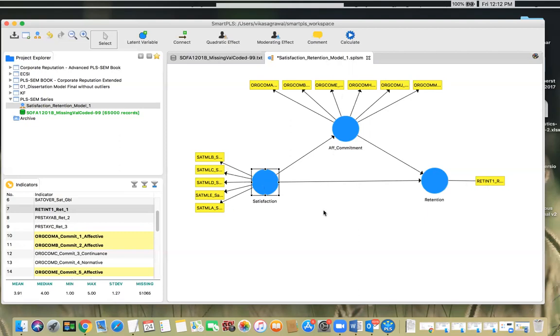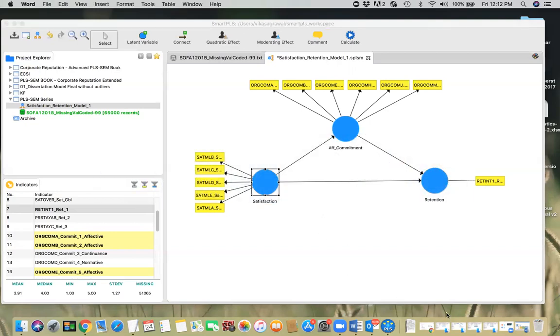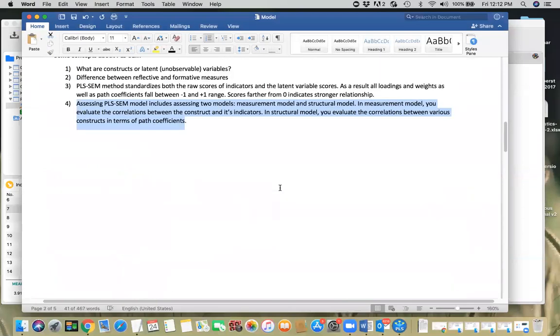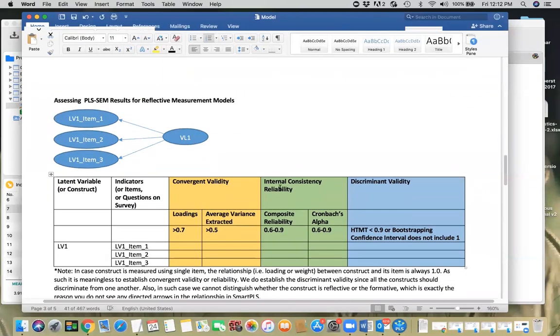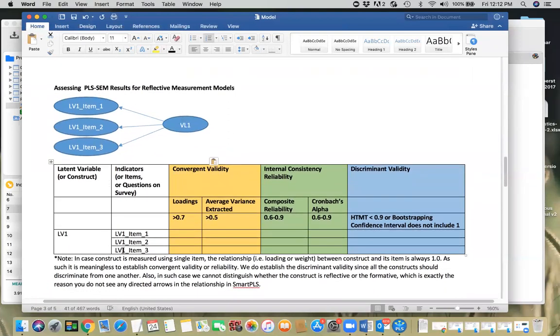So as indicated earlier, let's go back to the model here. Okay, so first thing we're going to talk about is the reflective measurement model. We have to assess that one, and since I use a different nomenclature here, I'm going to use VL1.